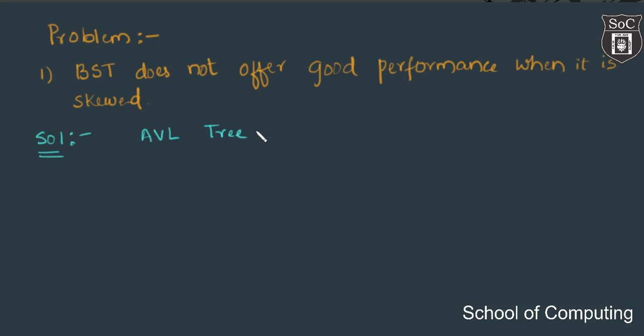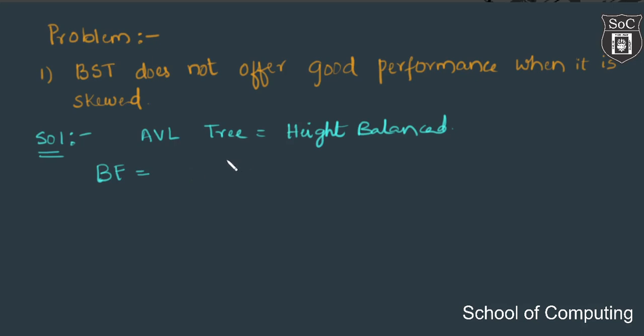Skewed trees are not height balanced, and an AVL tree is height balanced. So what do you mean by height balanced? Height balanced means for every node we will calculate the height, and the height must be between -1 to +1, which is called the balancing factor.